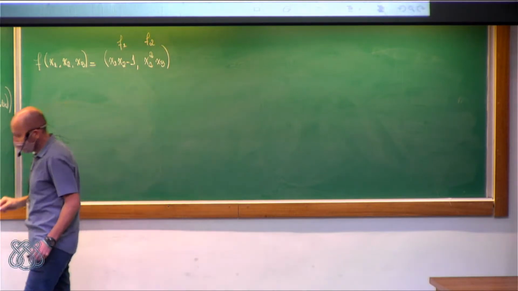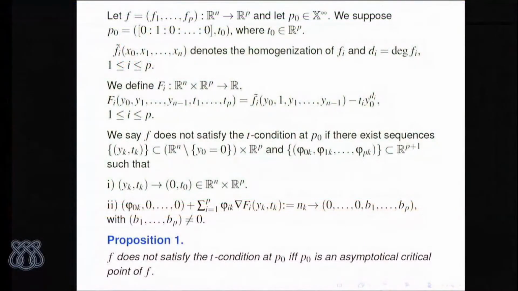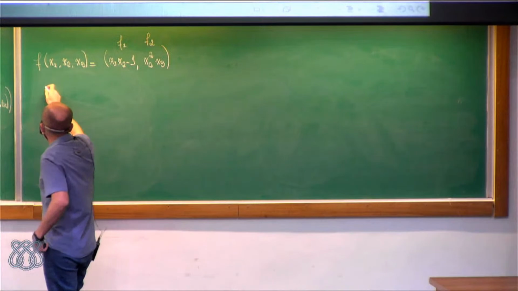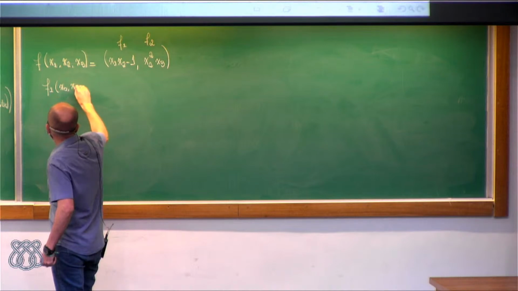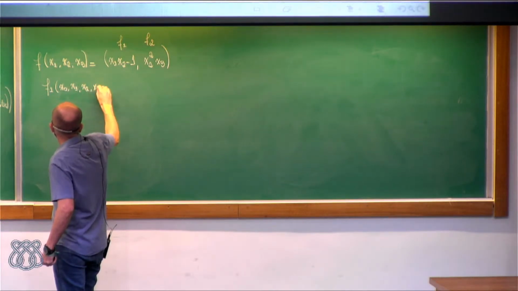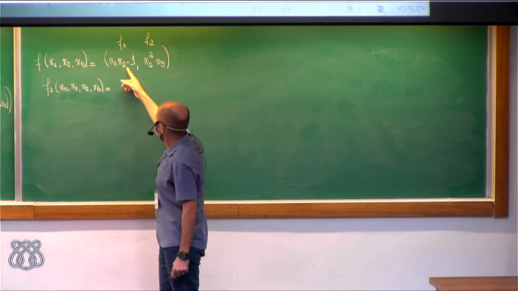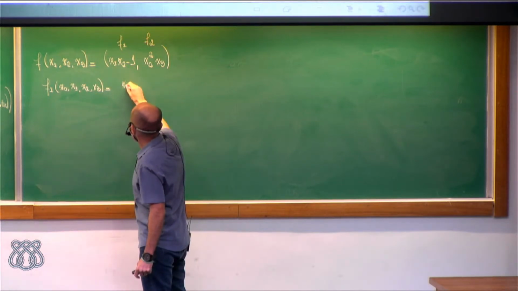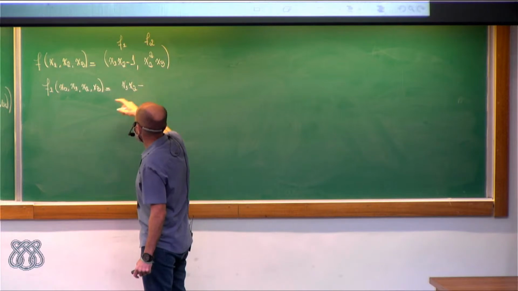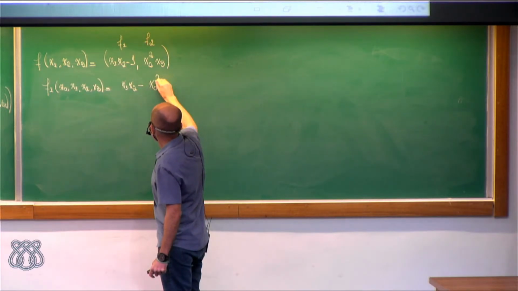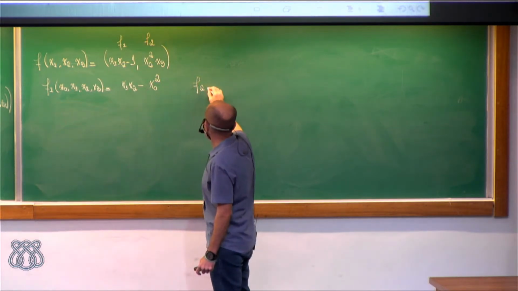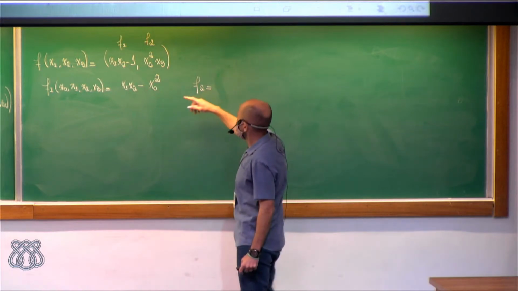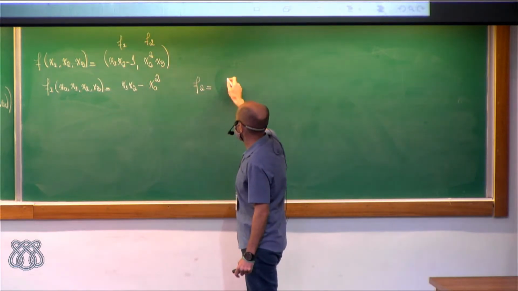Then you take the homogenization of fi. You take the homogenization of f1, that is x1 x2 minus x0 squared, and the homogenization of f2. This is homogeneous, so it's the same.